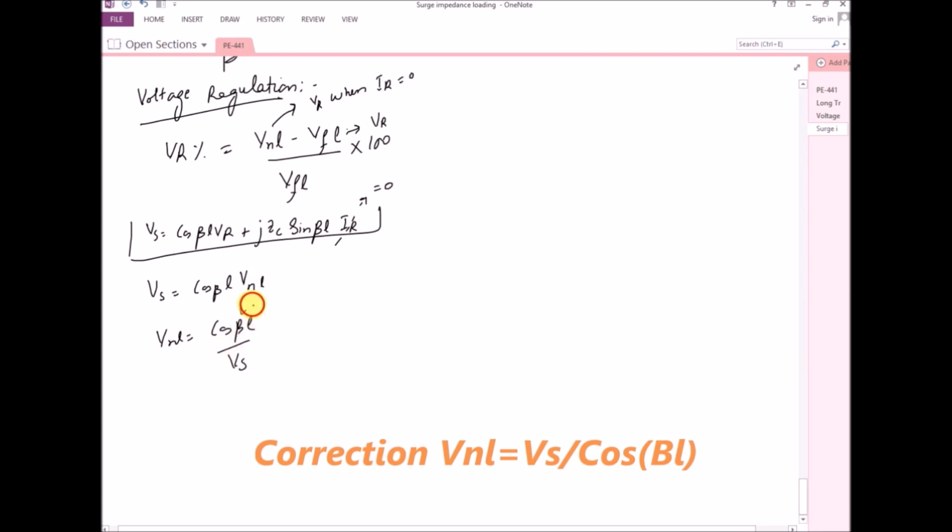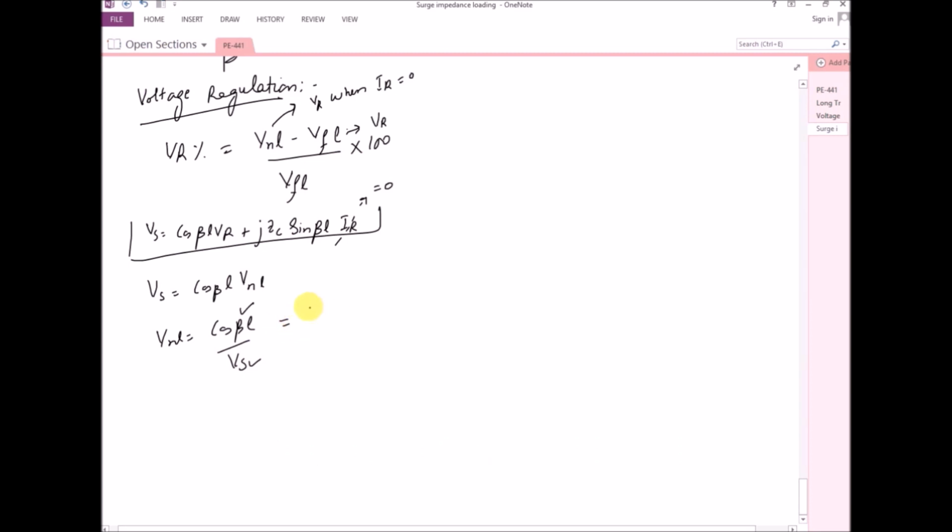We know the value of βL, we also know the value of sending end voltage. So after putting the values, which are 356.53 over 0.9295, it is equal to 383.57 kilovolt, and all these values are actually the magnitude, right? So that's why I'm only taking the magnitude of Vs.